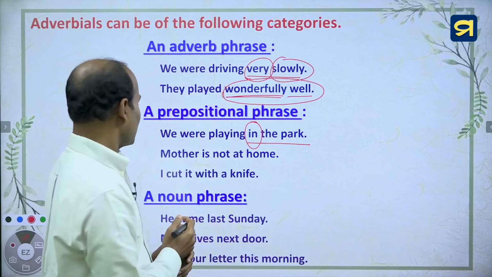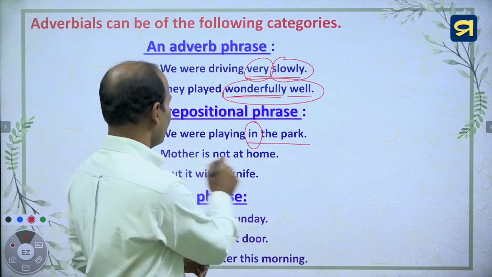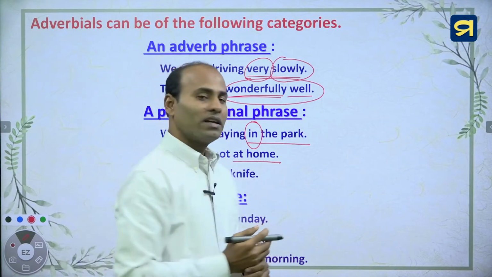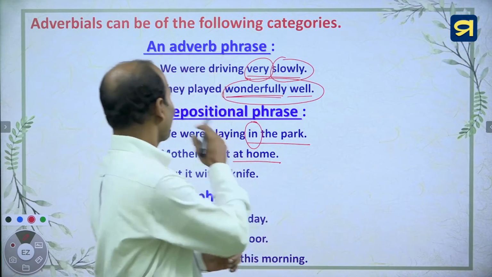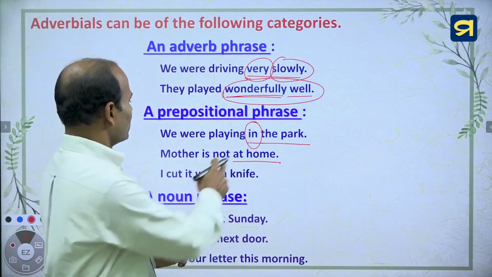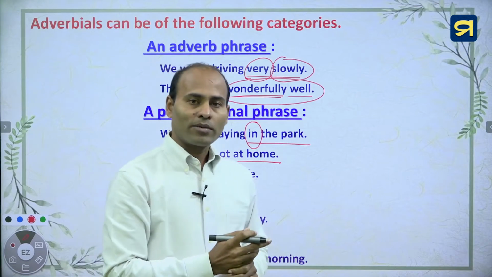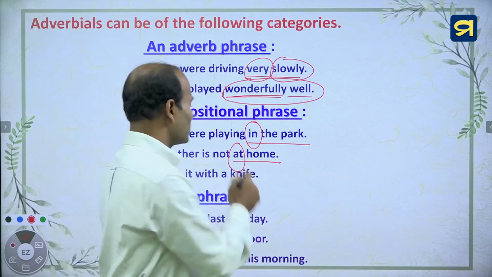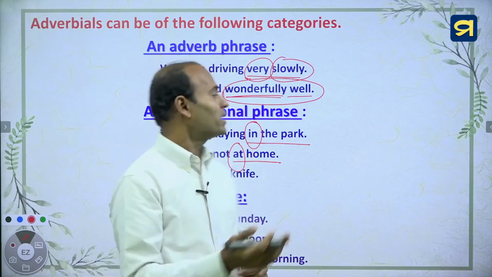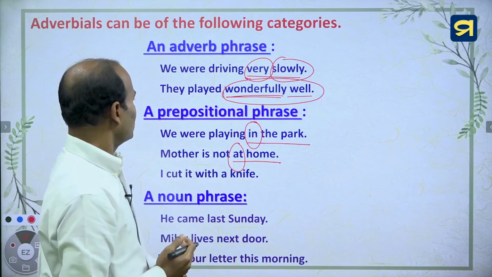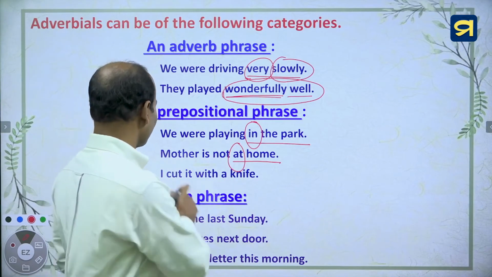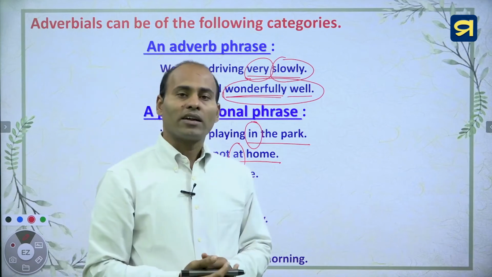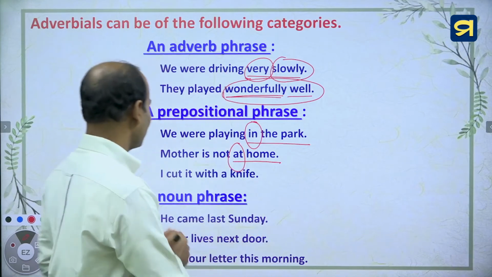So you can say that at home can be an adverb of place, but you will see that it begins with the word at. That's why this is also a prepositional phrase. Next one, I cut it with a knife.